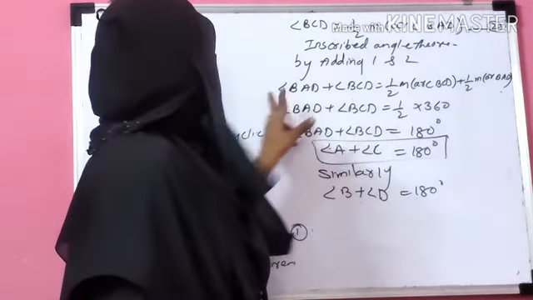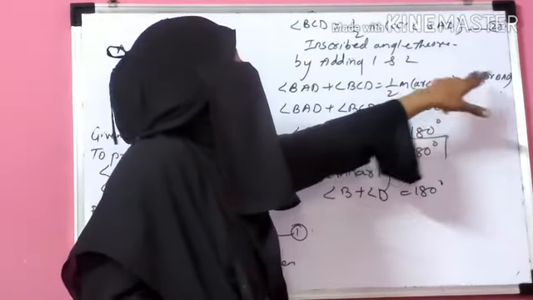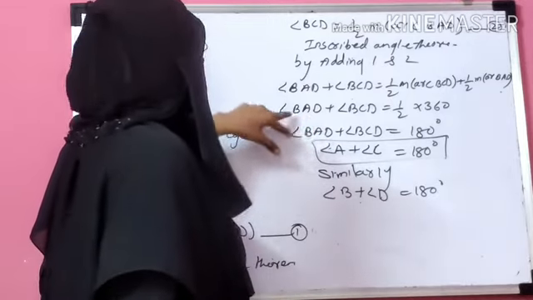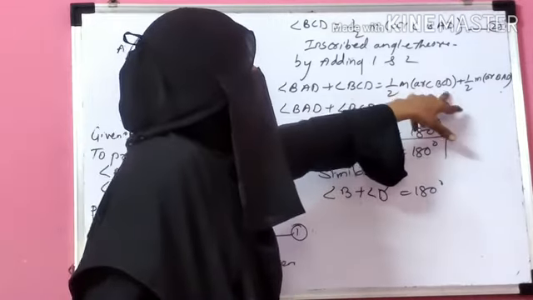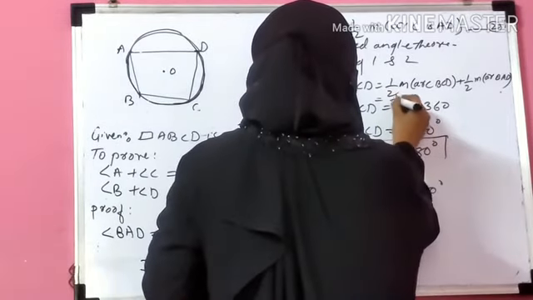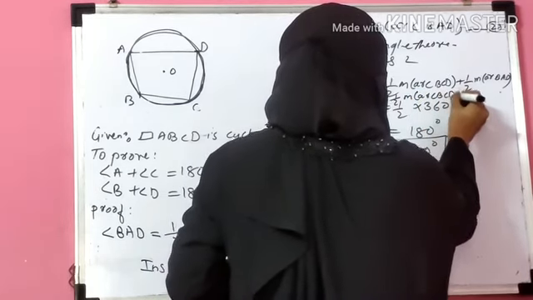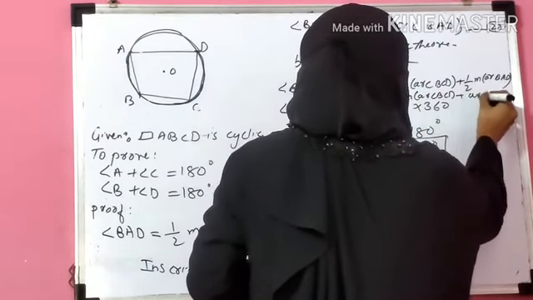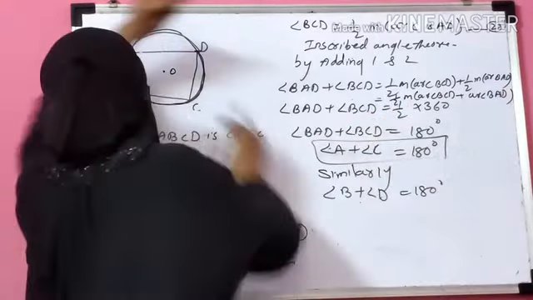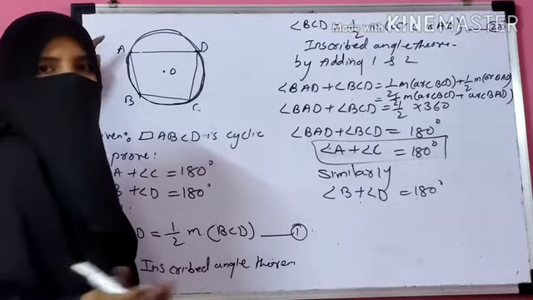After addition, angle BAD plus angle BCD equals half of BCD plus half of BAD. Now take half as common. Then the remaining is BCD plus BAD.